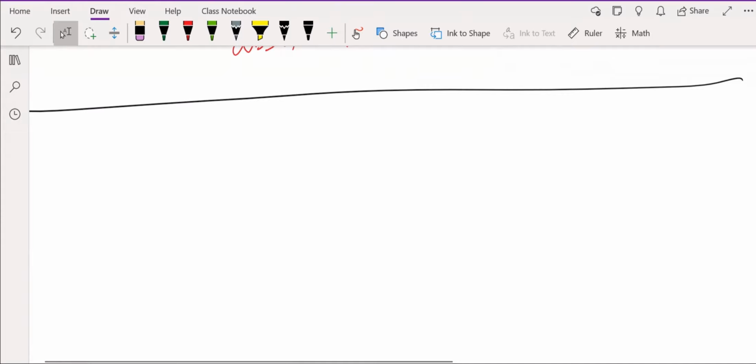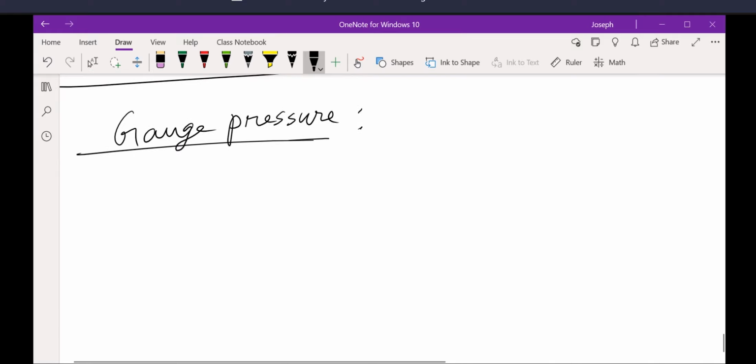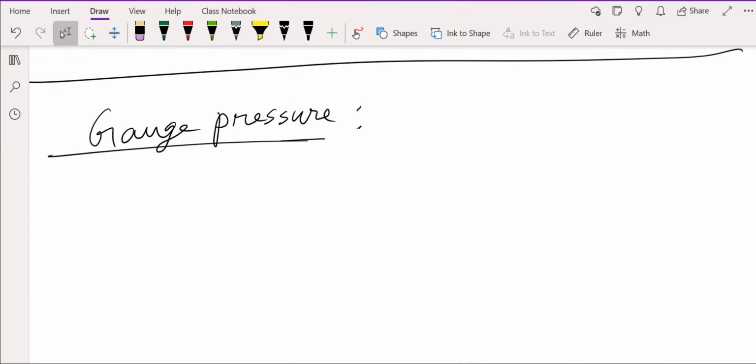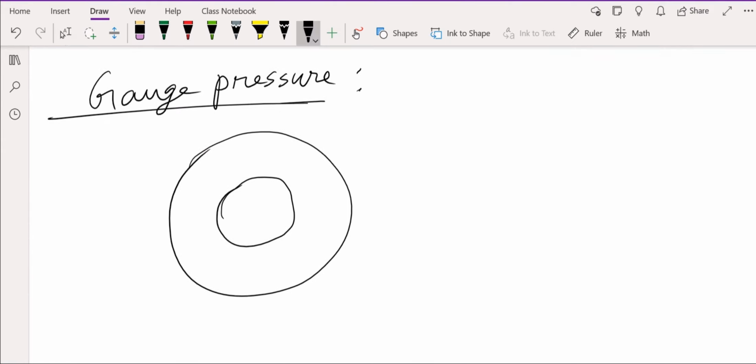The next thing is called gauge pressure. Have you used a pressure gauge? Yes. You have used a pressure gauge. Okay. Now here is my question for you. These are your tires. And that's where you put the air into the tires, right?